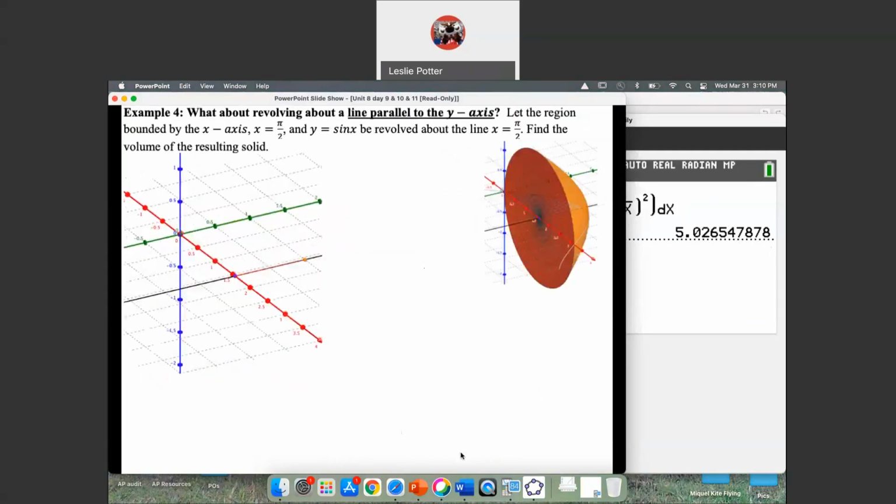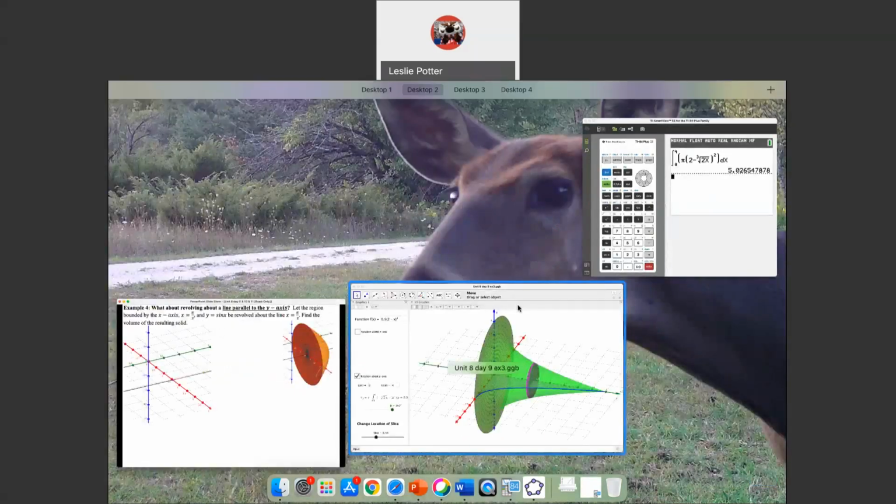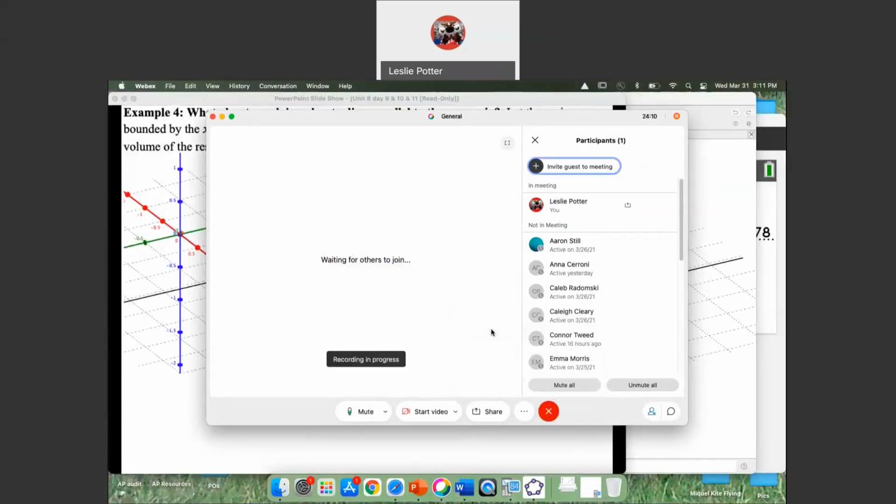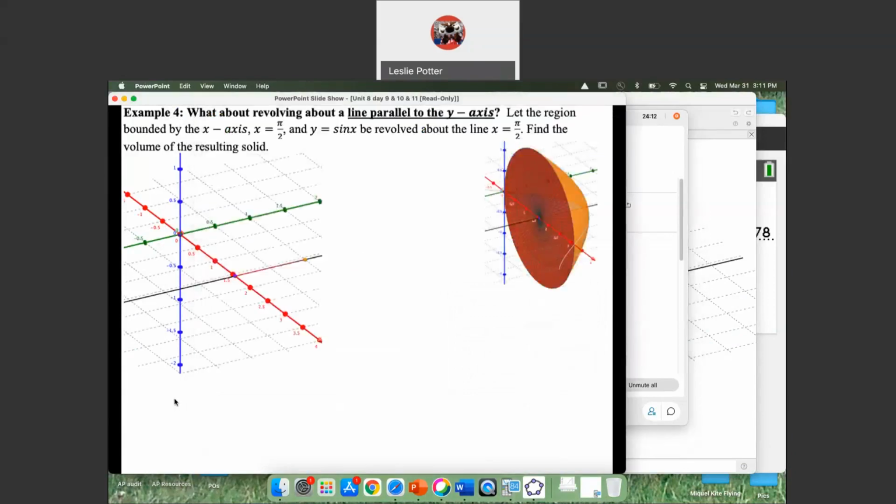So let's look at example 4 now. Example 4 is now we're rotating about an axis, but the axis is a line that's parallel to the y-axis. So we're off the coordinate axis.